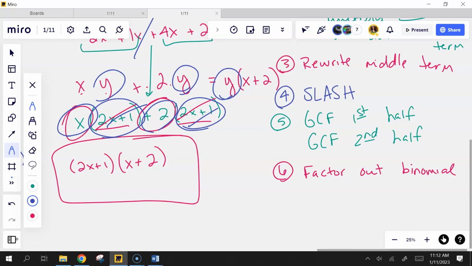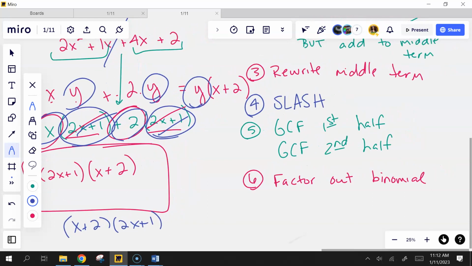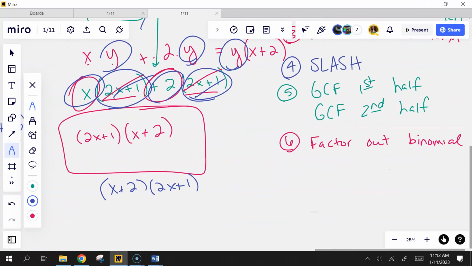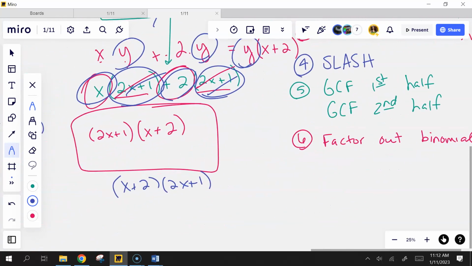The order does not matter because multiplication is commutative, so I could write it in any order. If you got it this way or this way, either one would be a-okay. Either one of these is the answer.